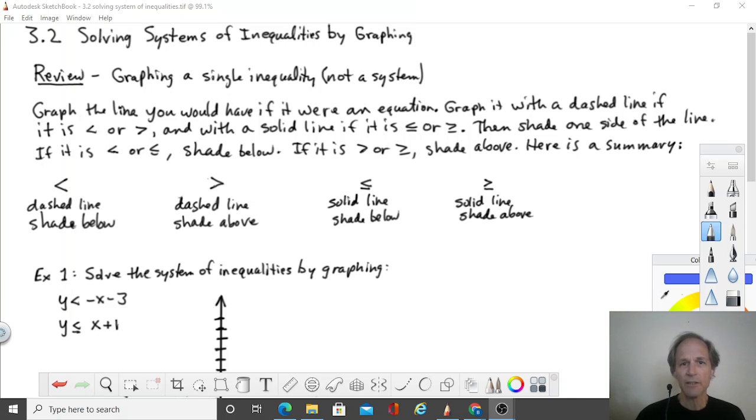Okay, so yesterday we looked at solving systems of equations by graphing, and today we're going to be looking at solving systems of inequalities by graphing. Often in algebra, where you have equations, inequalities cannot be far behind. In real life, inequalities are very common.